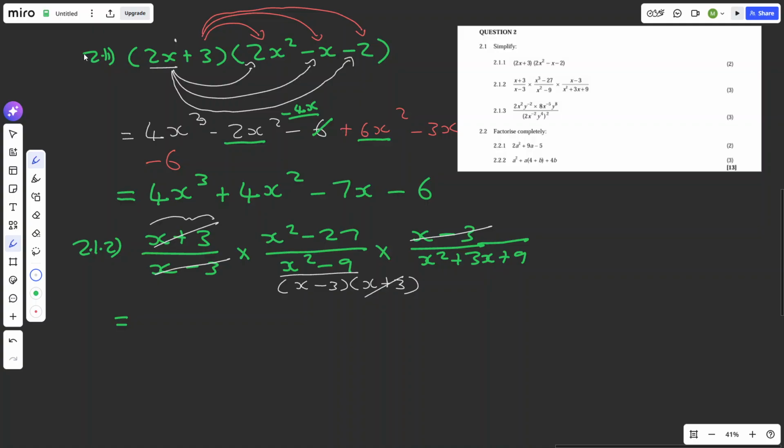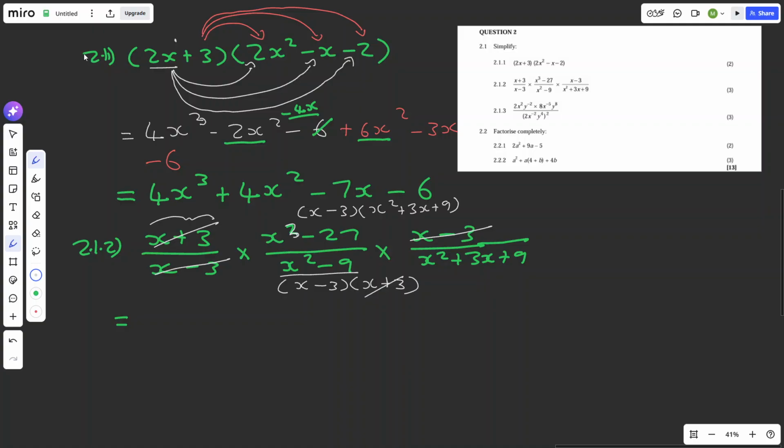So can we go a bit further and factorize maybe this one here, x cubed, okay? X cubed minus 27. That can actually be broken up into x minus 3 multiplied by x squared plus 3x plus 9.